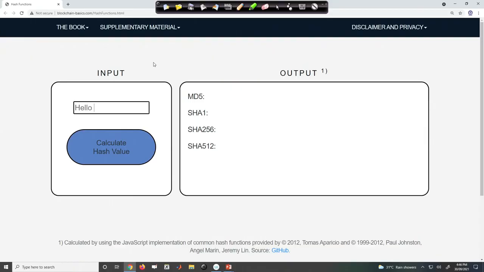We will give certain messages as input and see what their hashes look like. So, let us type, say, hello world, and then say that we want to calculate the hash value.